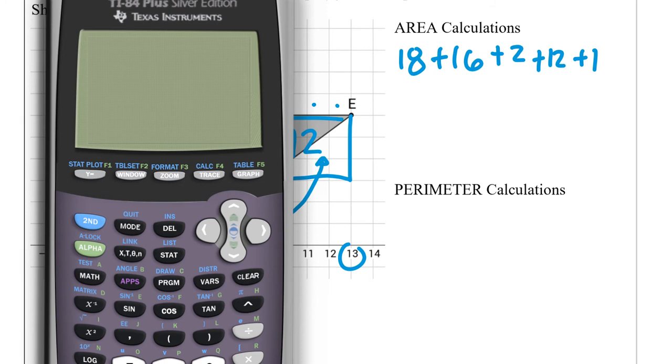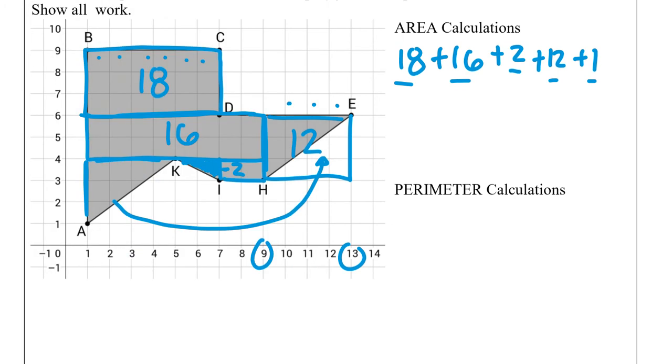Let's add these up by turning on the calculator. 18 and 2 is 20, this is 36, 48, 49 is what I get. So 18 plus 16 plus 2 plus 12 plus 1 is 49.